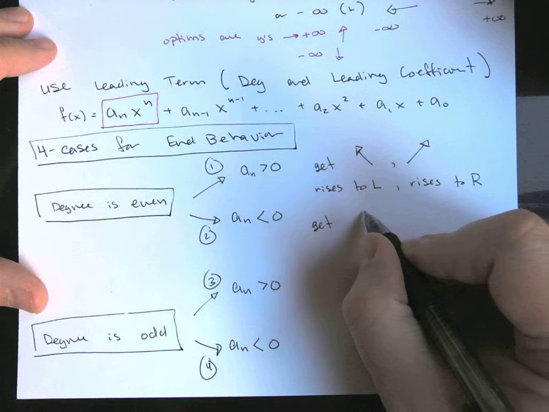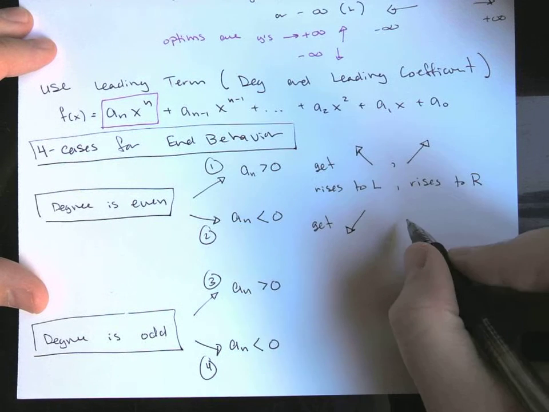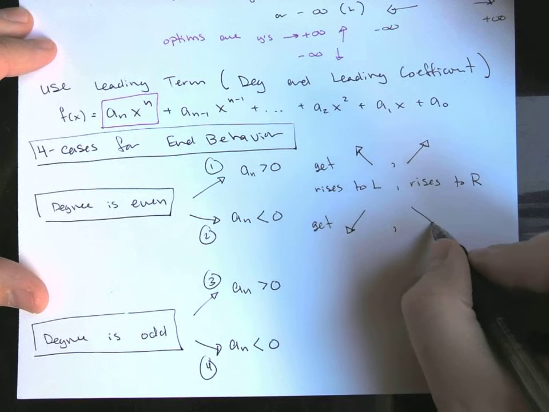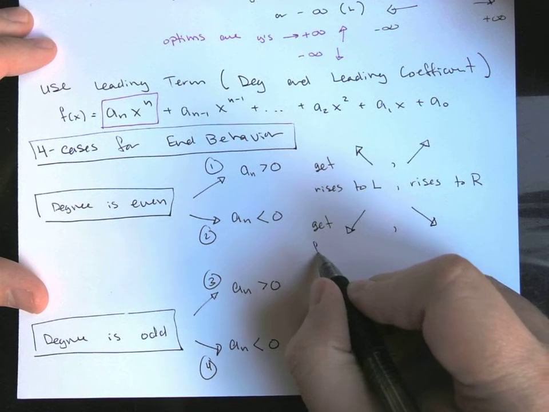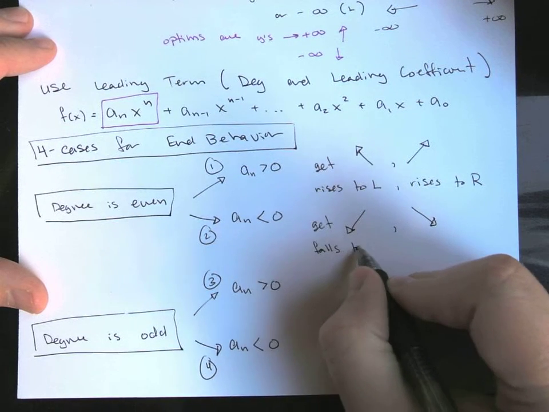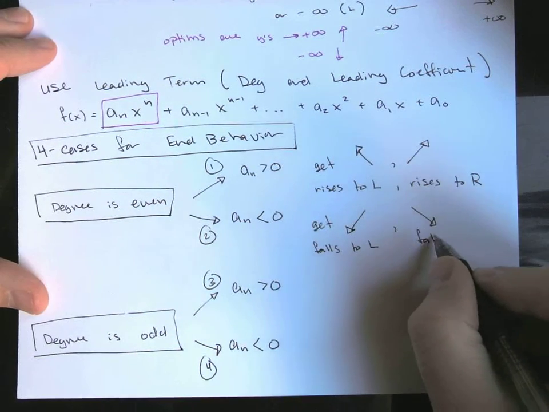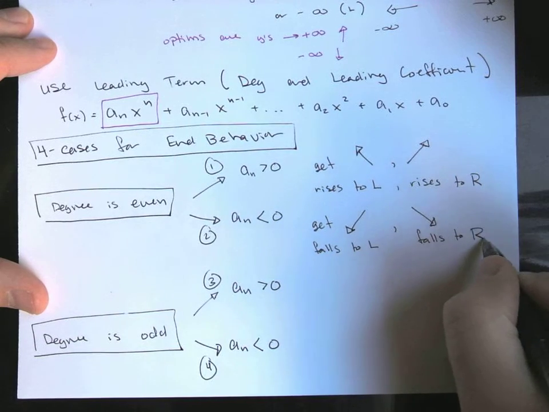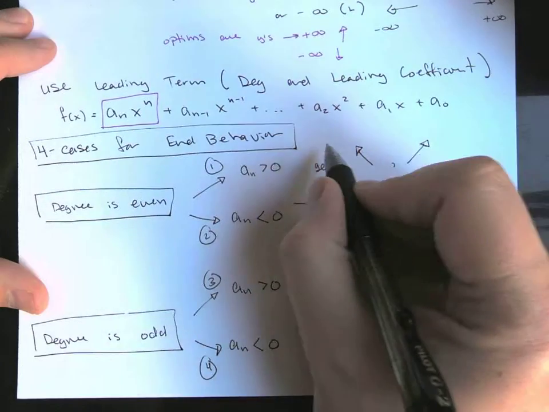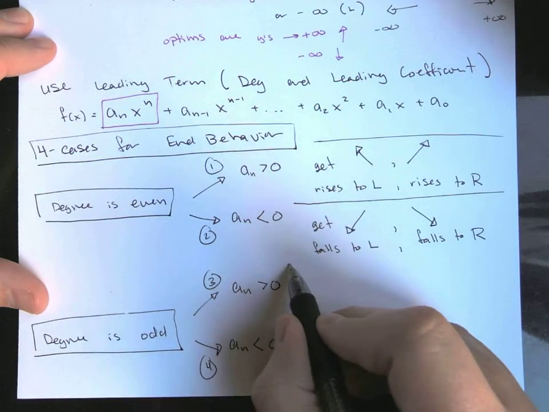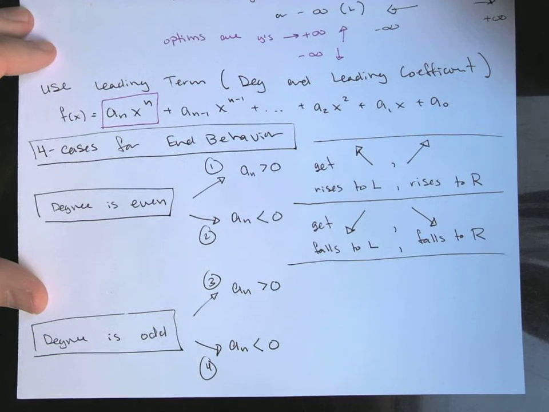So what we get now is a fall to the left and a fall to the right. So we would say falls to the left, falls to the right. Keep these a little more separated. So case 1, case 2.